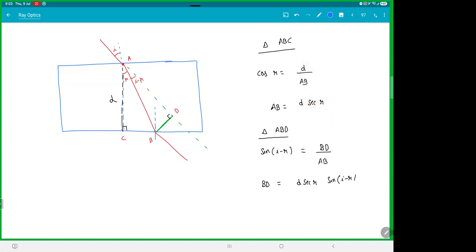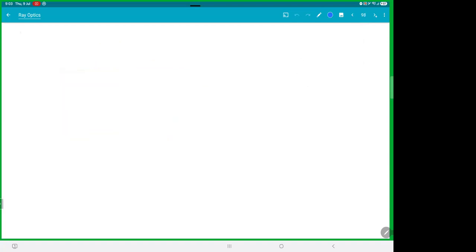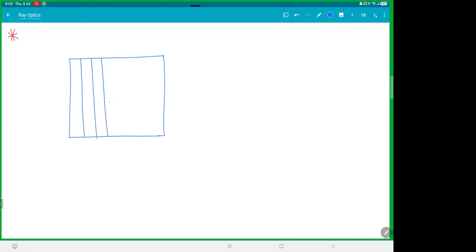Now, if you extend this further, this is a very good result. What if you have multiple parallel slabs? Mu1, mu2, mu3, and so on till mu n.